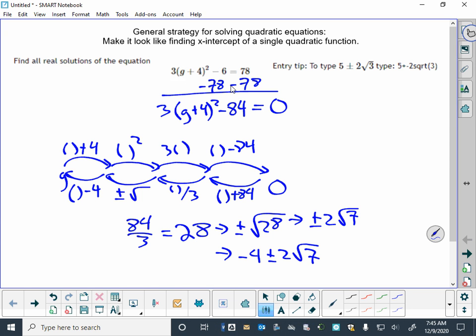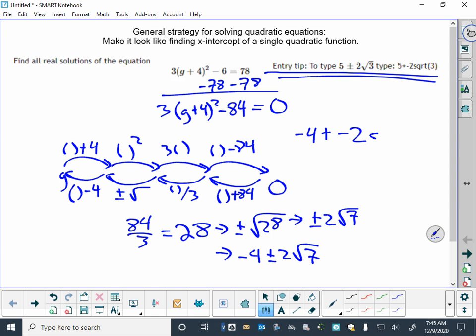This particular problem had this interesting entry tip here. When people write problems for WAMAP, they have lots of different choices of how they want the answers entered. And so this one says you can, for this problem, type both answers in at once. We have a negative 4 plus or minus 2 root 7. So we would, into the answer box, do negative 4, hit the plus, hit the subtract.